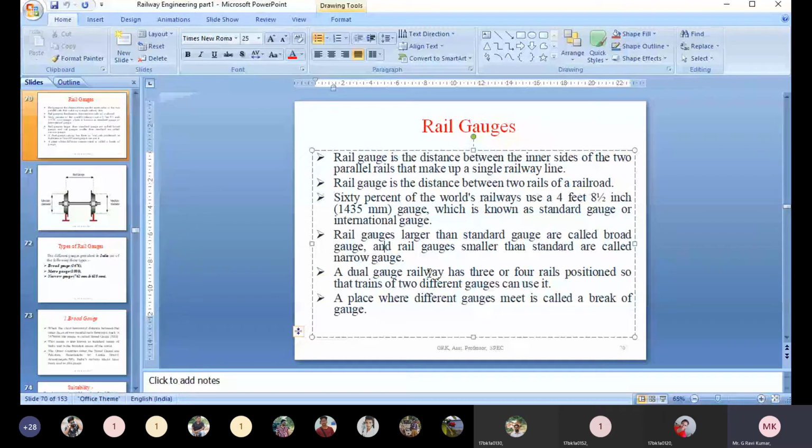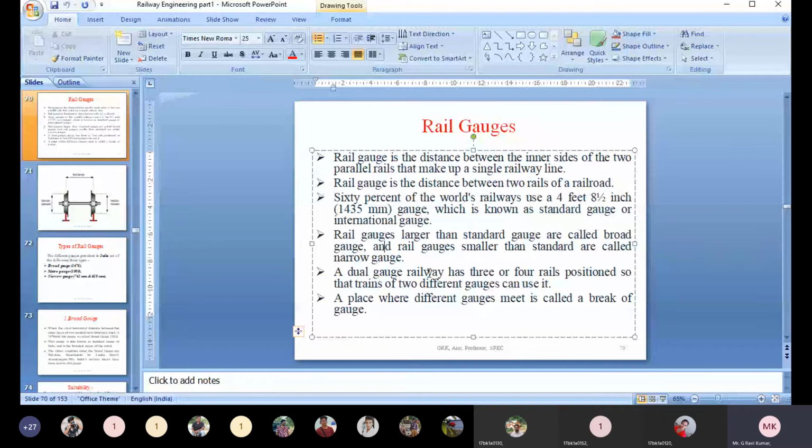And dual gauge railways have 3 or 4 rails positioned so that trains of 2 different gauges can be used. Understand? And this is the most important one. In a single track, 2 or more gauges may be provided. In a single track, broad gauge may be there, meter gauge may be there, narrow gauge may be there. First the broad gauge will be provided.